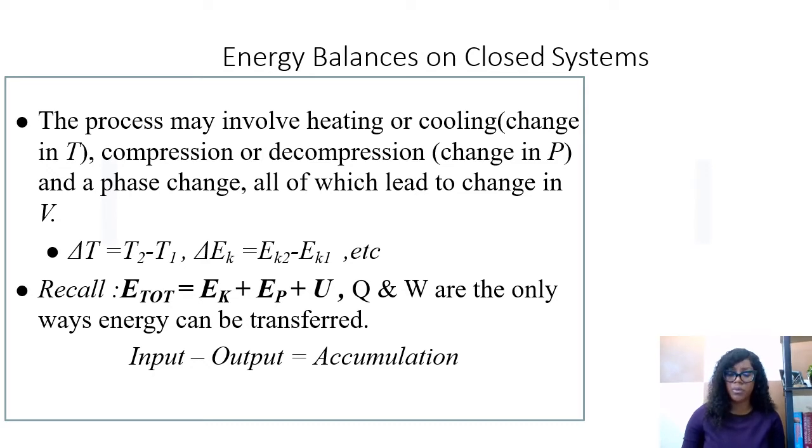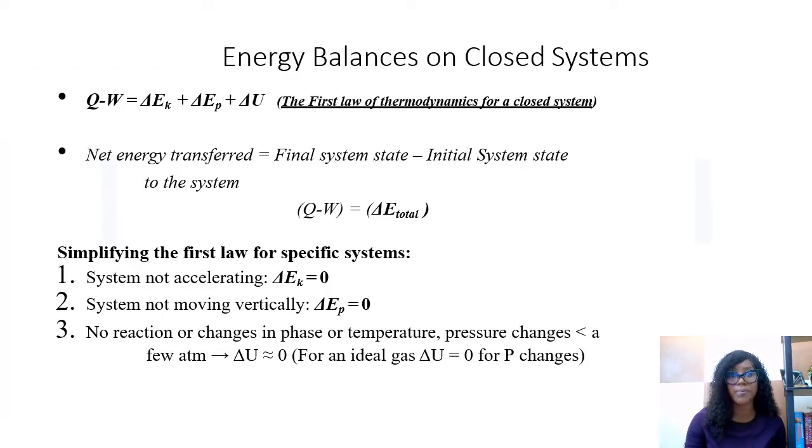Now, recall that previous equation where we had the total energy equal to the kinetic energy plus the potential energy plus our internal energy. So remember that Q and W are the only ways in which energy can be transferred in and out of our system. So if we say that our input minus our output would give us the total accumulation in our system, this is where we get the first law of thermodynamics for a closed system.